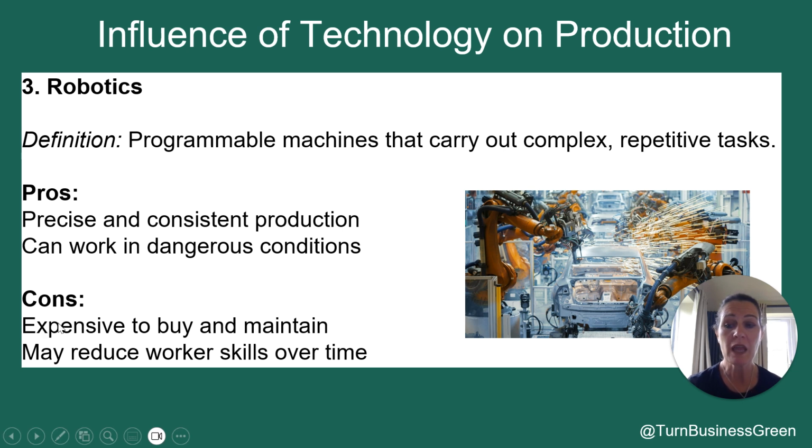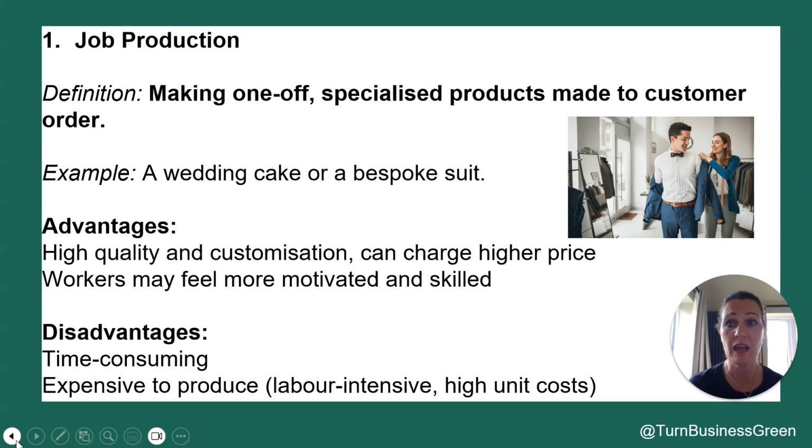They don't need a break. Problems: expensive. Again, a bit like automation, it's very expensive to buy and to fill your factory with robots. They need maintenance, and you may end up with less skilled workers because your skilled workers are being replaced by machinery.